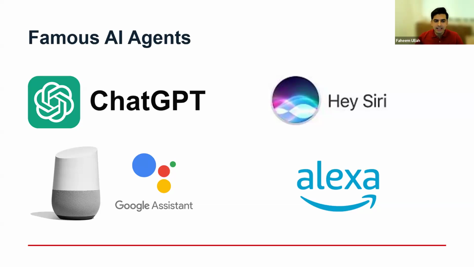These are AI agents. You ask it to do a particular task, and then it does that task for you to the best of its ability. For example, I'm sure all of you have used ChatGPT. You write a prompt, and ChatGPT performs a task against that prompt.